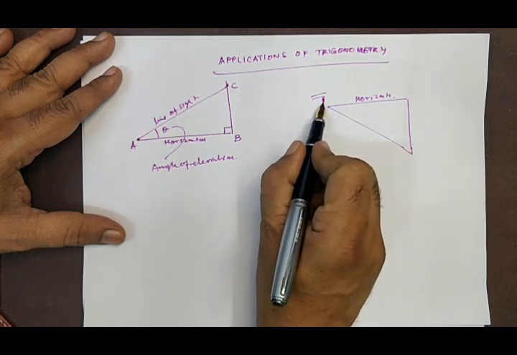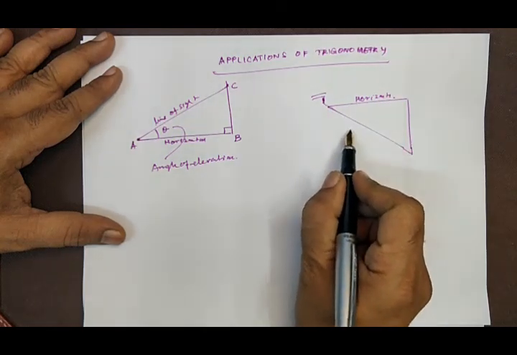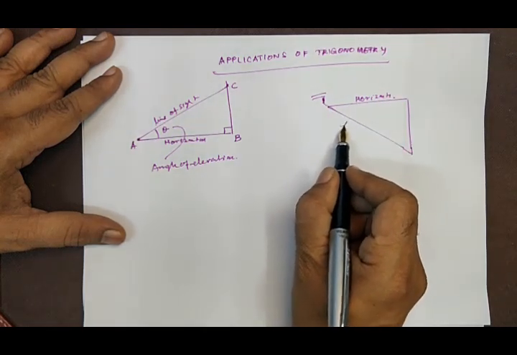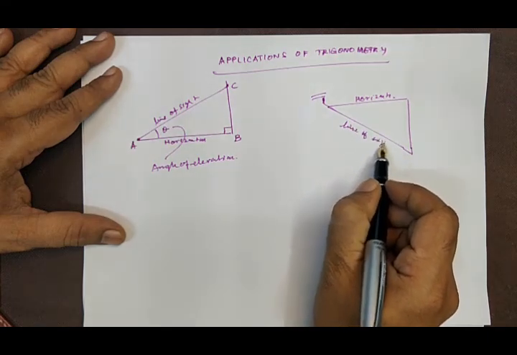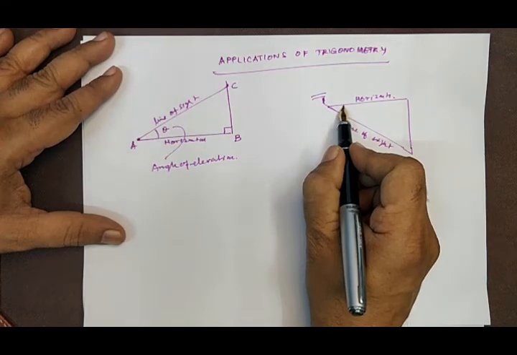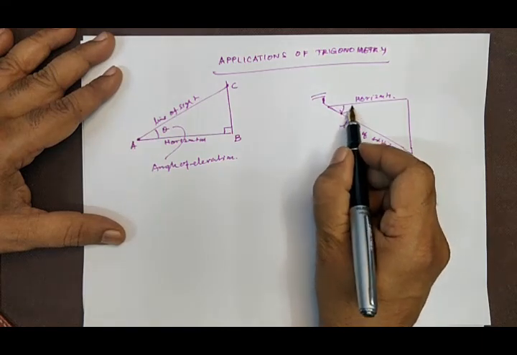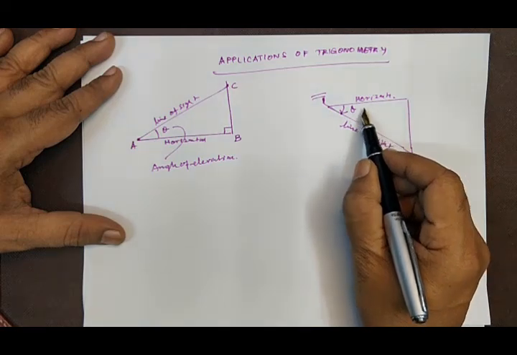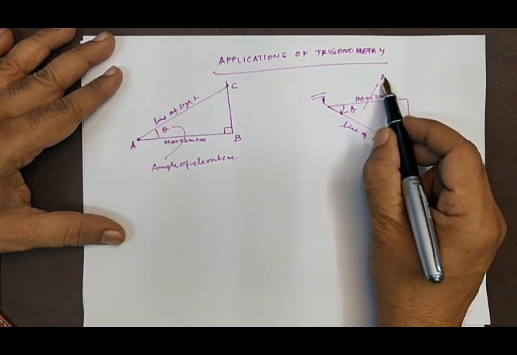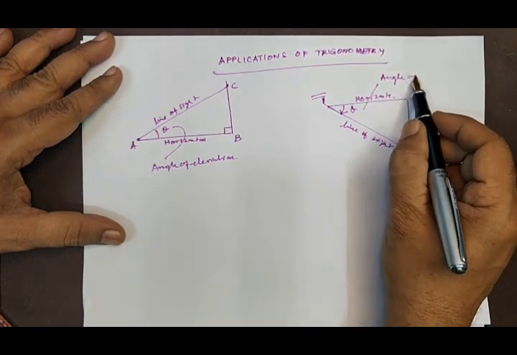So the eyesight will be in this way. This is the line of sight. This subtends an angle theta, which is called the angle of depression.